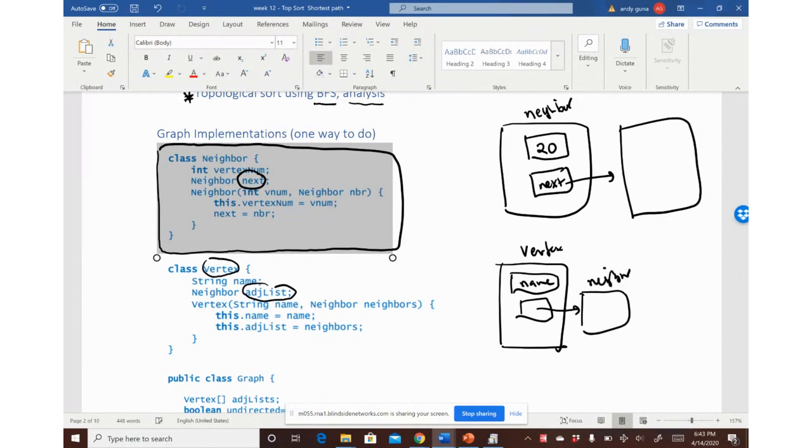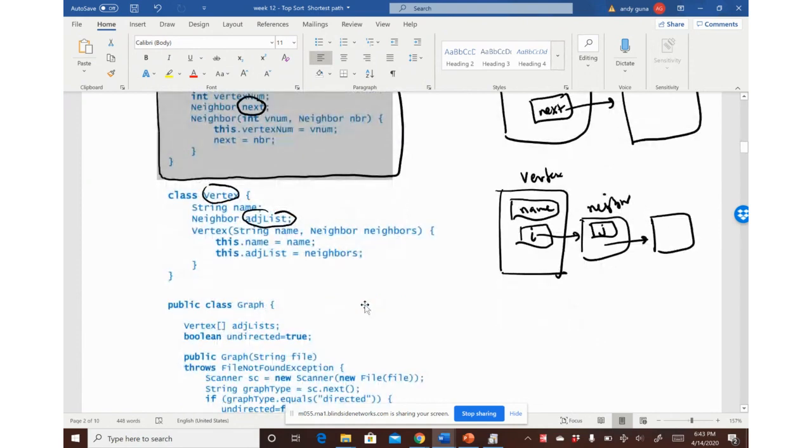And the neighbor is the same format as what you saw there. So essentially, each vertex has an adjacency list, which describes, if this is vertex I, and it's connected to J, there's a link from I to J. That's what it describes. And then you can define a graph, and so on.